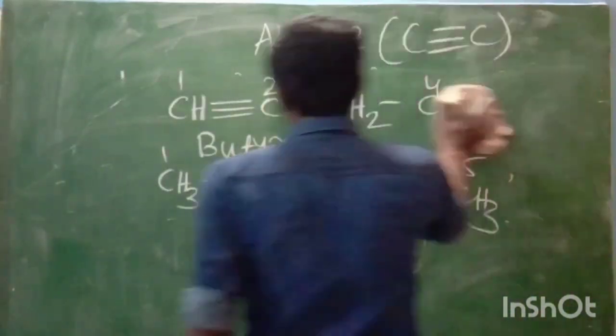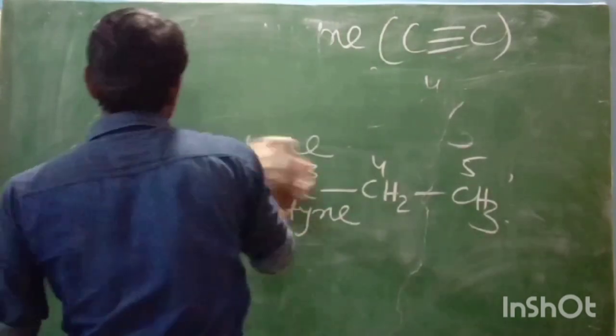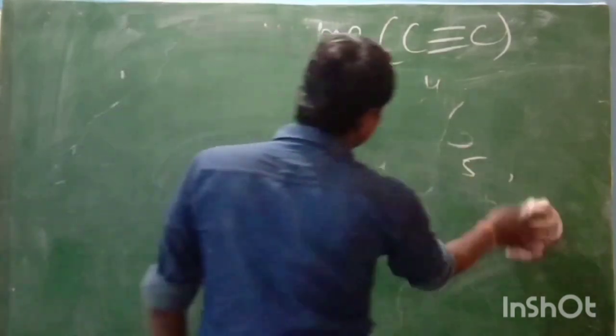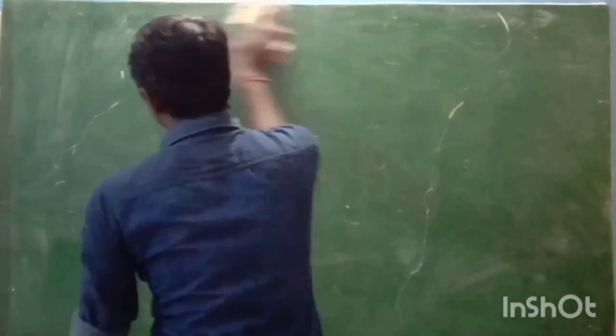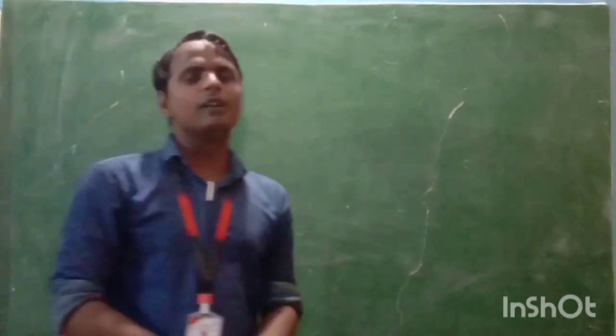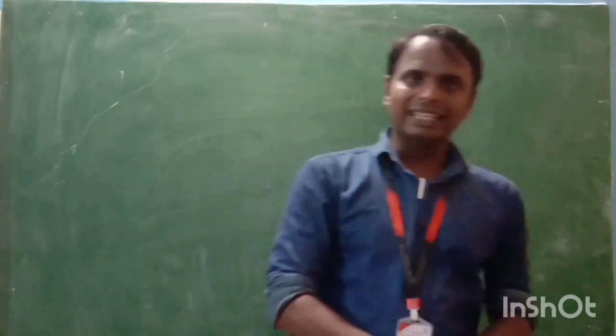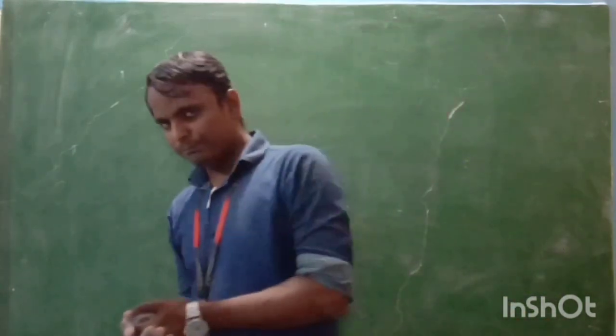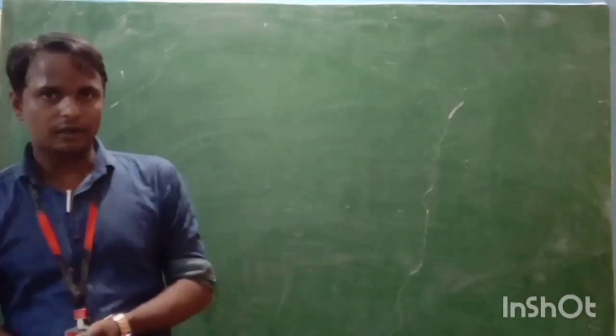Now we explain how to write the structure of an alkane, alkene, and alkyne if their name is known.